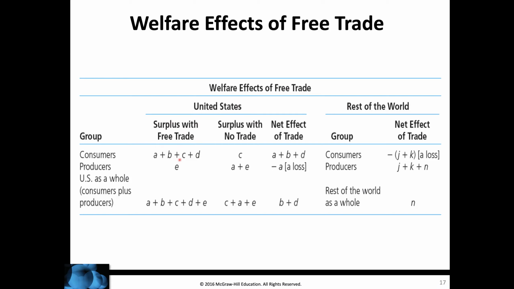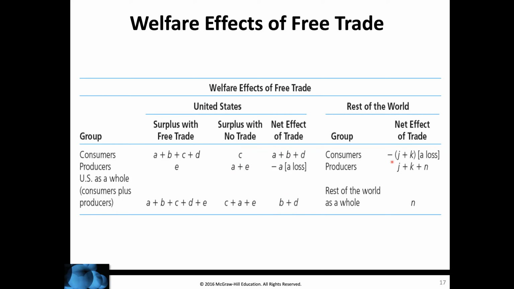We've got A plus B plus C plus D. Producers had just E. The surplus to consumers without trade was just C. So the net effect for consumers, the positive effect is A plus B plus D. However, the surplus for producers prior to the free trade was A plus E. So they lost A. So the net effect for the US is B plus D.